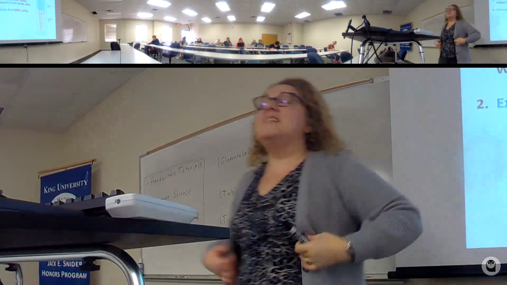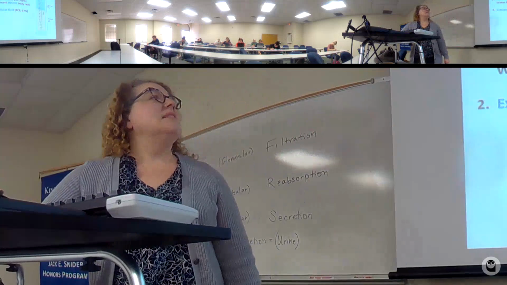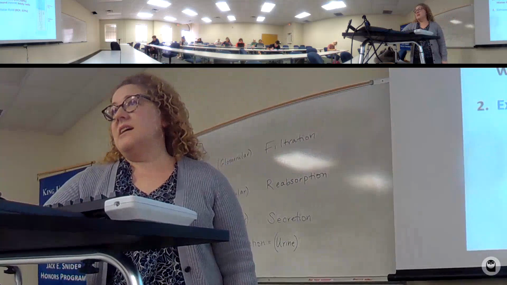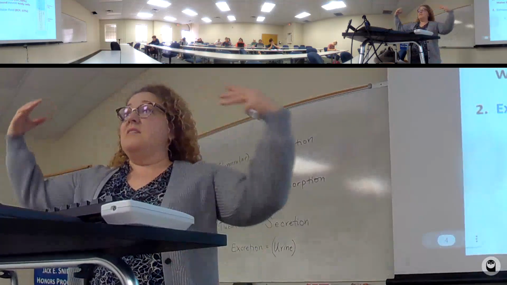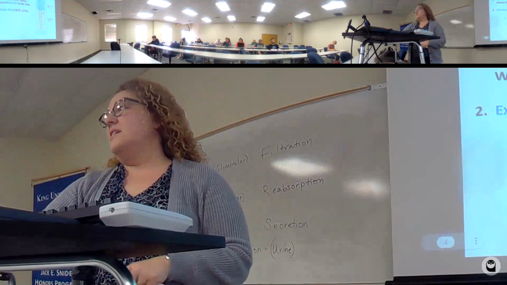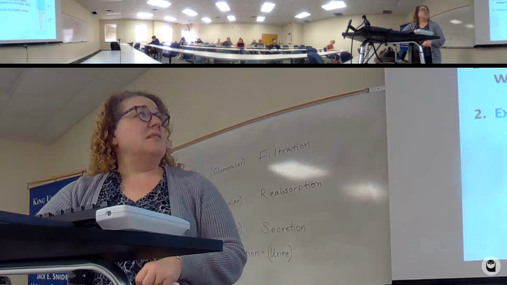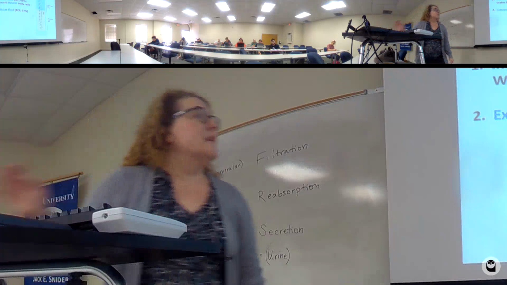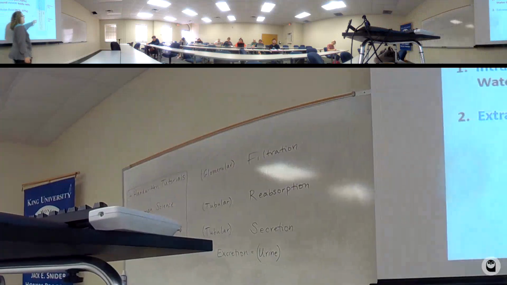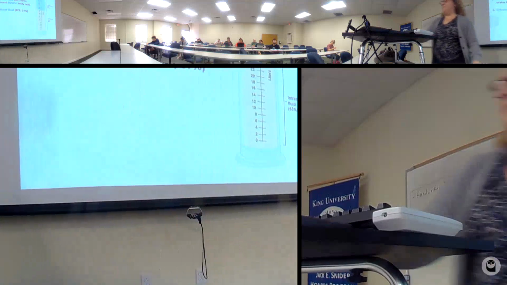If the water is inside a cell, we call it intracellular fluid. But if it is not contained within a cell, we call it extracellular fluid. Your book and some of the slides are going to abbreviate those ICF and ECF. And it's about 1/3 outside cells, 2/3 inside cells.